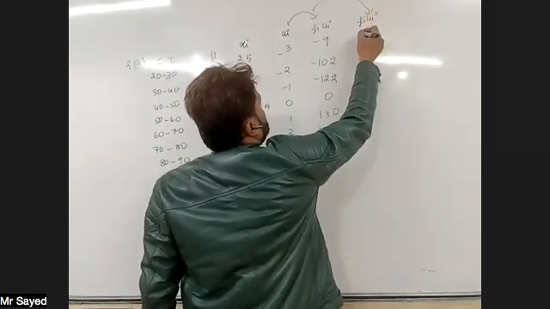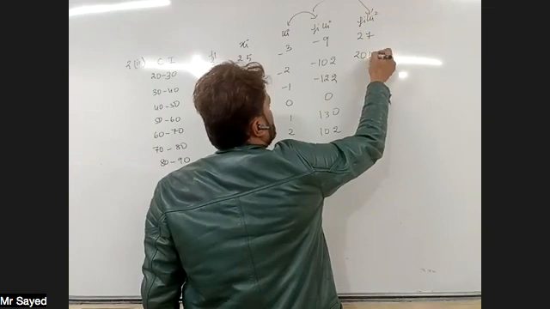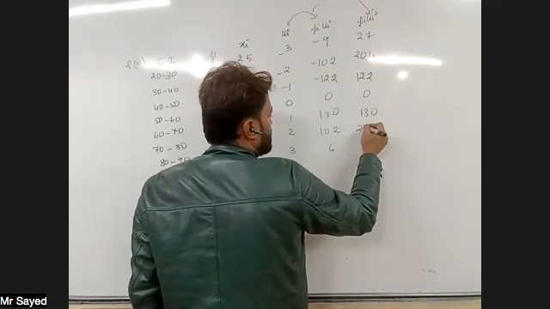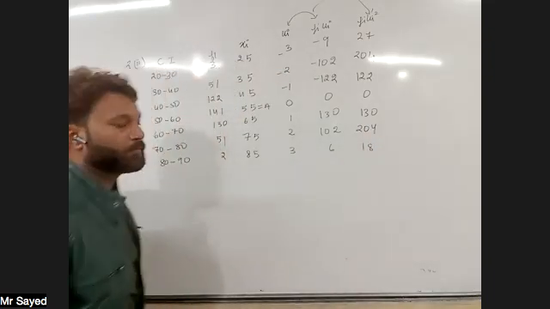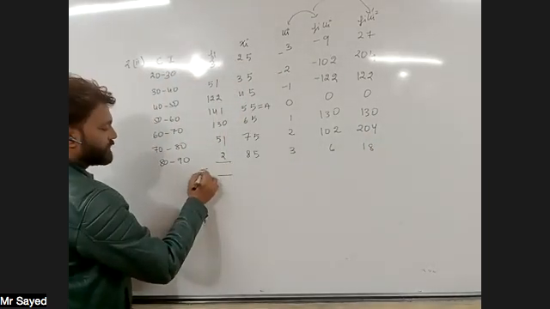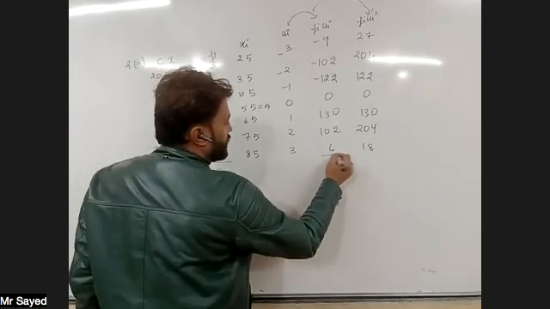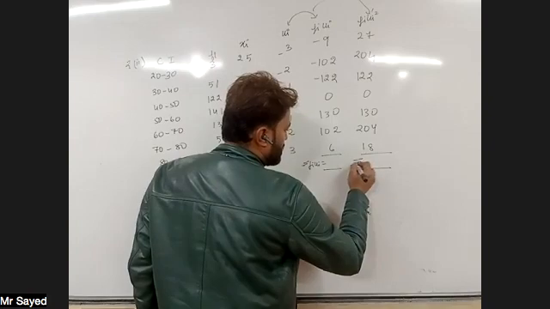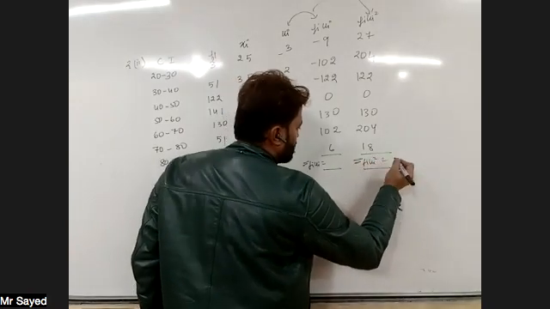So we'll get this one. So this will be 27, 204, 122, 0, 130, 204, and 80. Now from here we'll find out the value of summation fi, from here summation fiui, and from here summation fiui square.